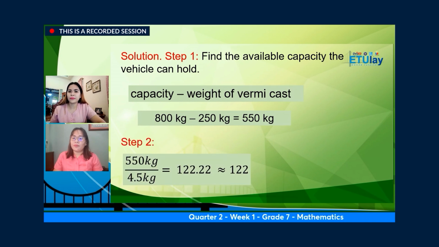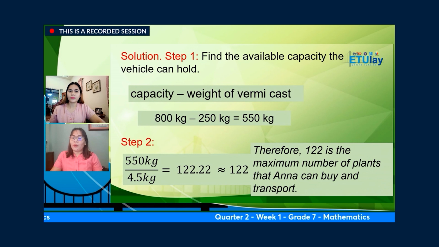For step 2, we're going to divide 550 kilograms by 4.5 kilograms per plant, which equals 122.22, approximately 122. Therefore, 122 is the maximum number of plants that Anna can buy and transport.